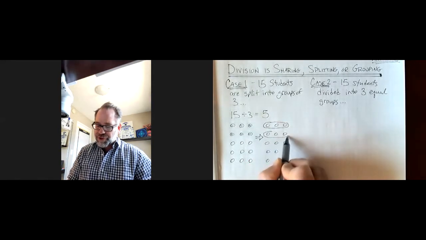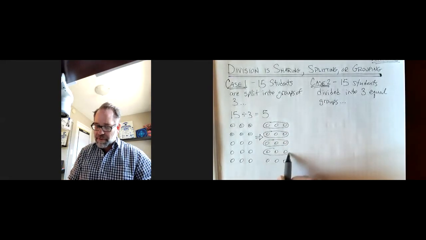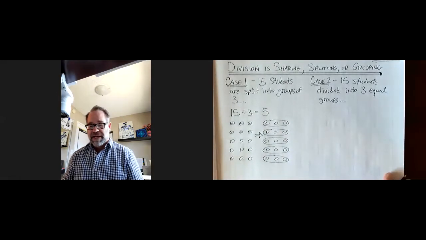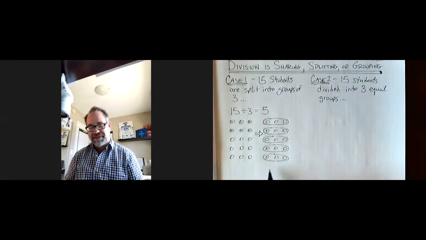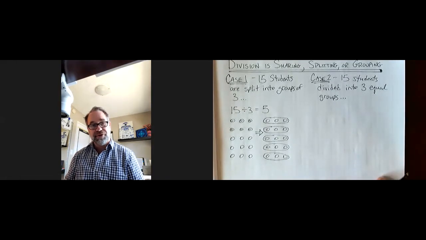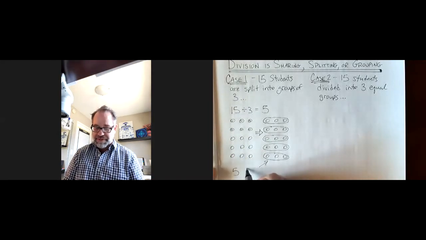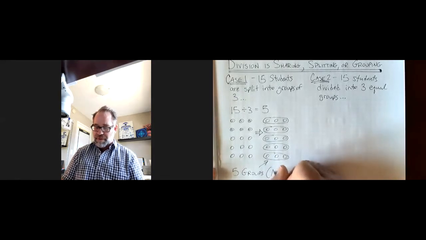And we would show the grouping or the sharing like this. Because this clearly shows that there's 3 in each group. And the answer is actually in the number of groups. There's 5 groups. That's our answer for this one.